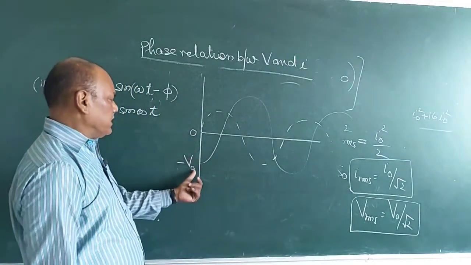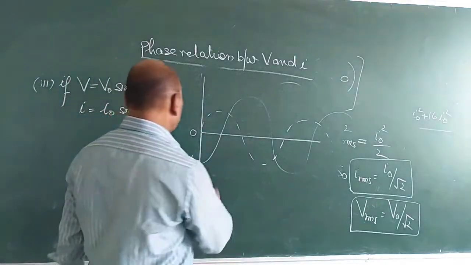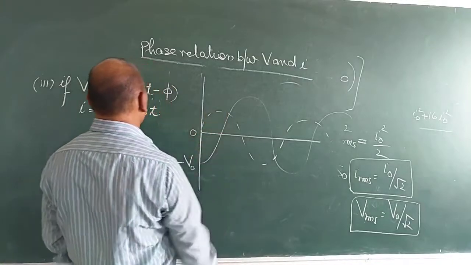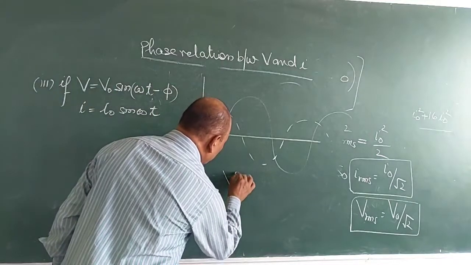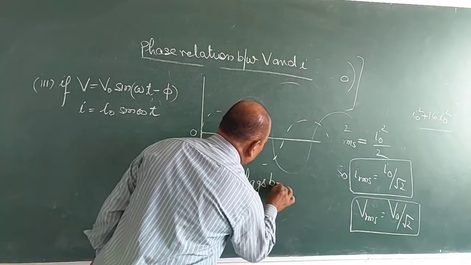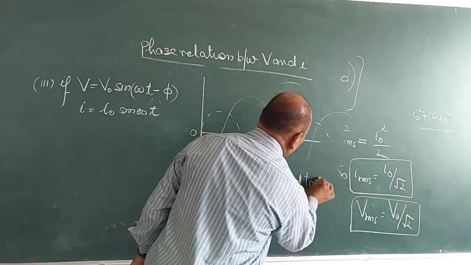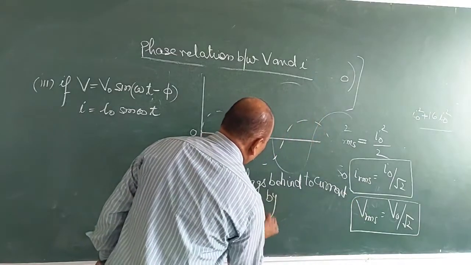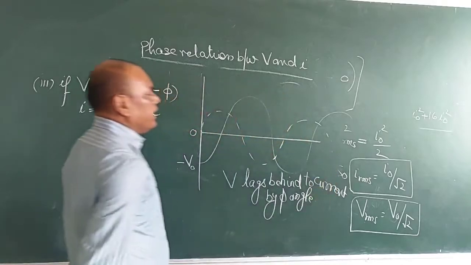Since voltage here starts from the negative, we can say that current is now leading the voltage, or in other words we can say voltage lags behind current by phi angle.